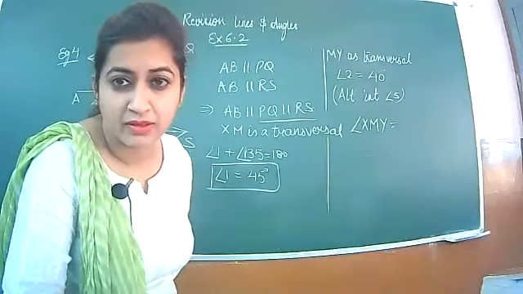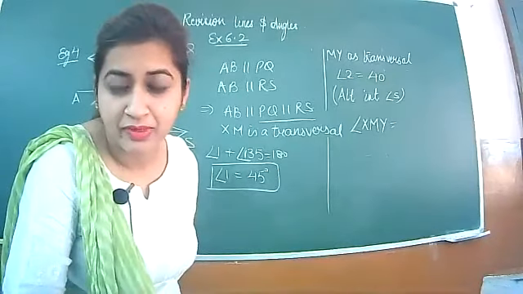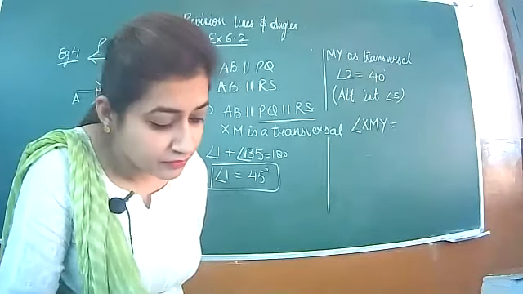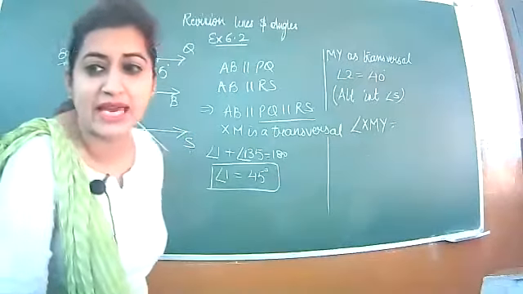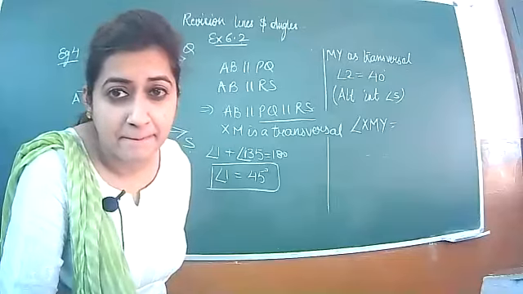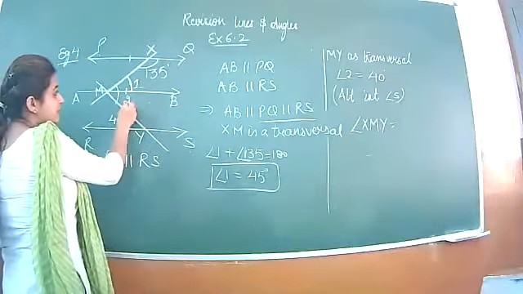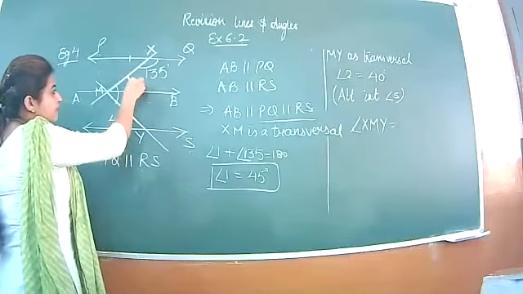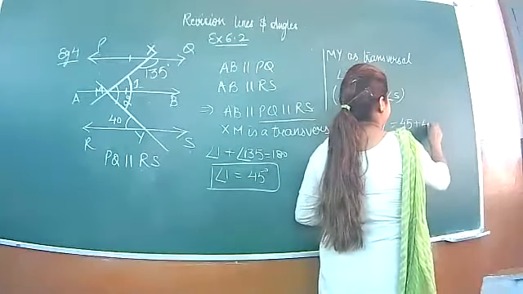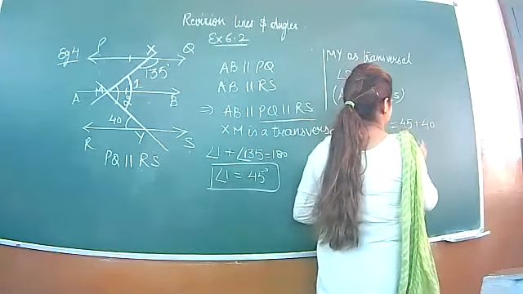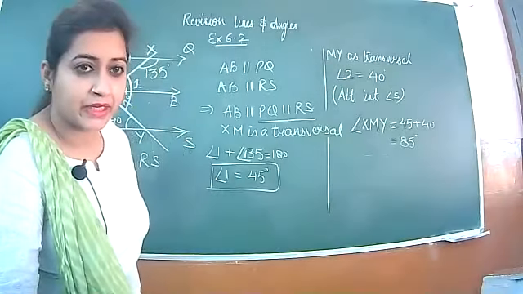We have to find the value of XMY. Yes, Riyanshika? Ma'am, 85. Yes, good. This is 45, this is 40. So 45 plus 40 will give you 85.